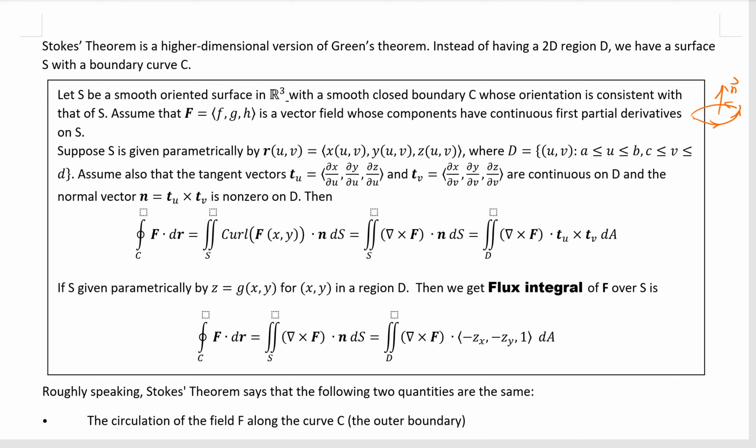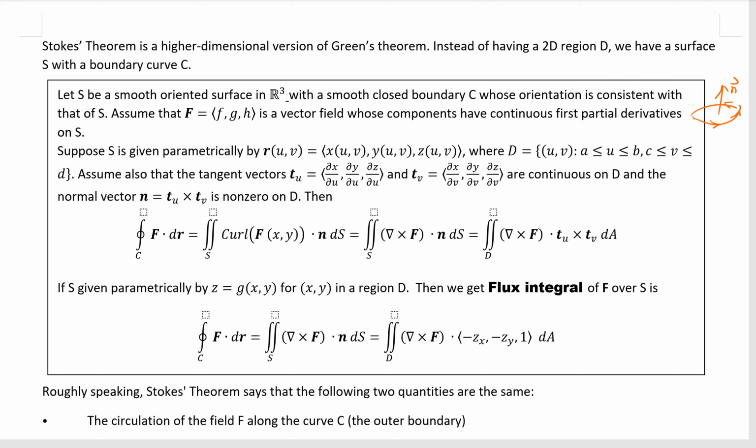So far, so good. Assume the component functions f, g, h have continuous first partial derivatives. And suppose the surface S is given parametrically by r(u,v), where D is a region in the uv plane.